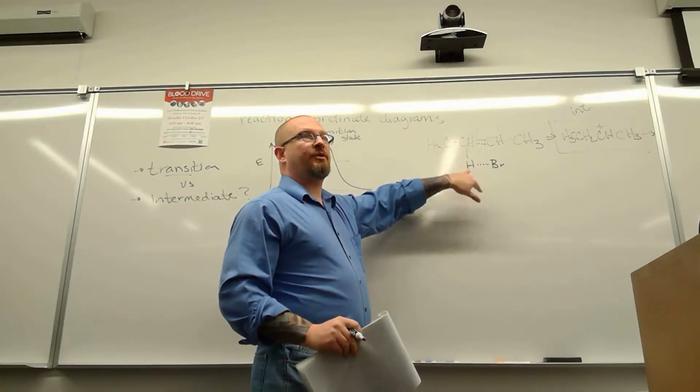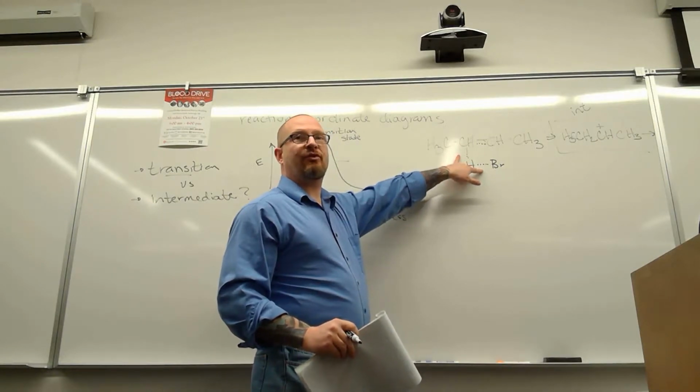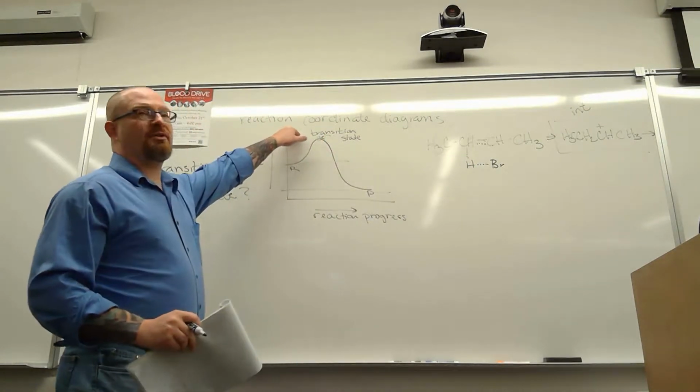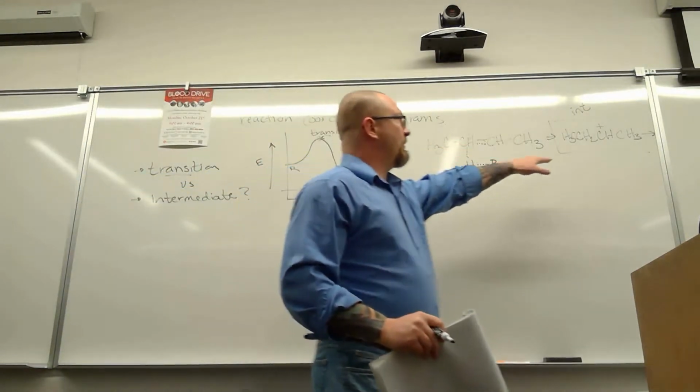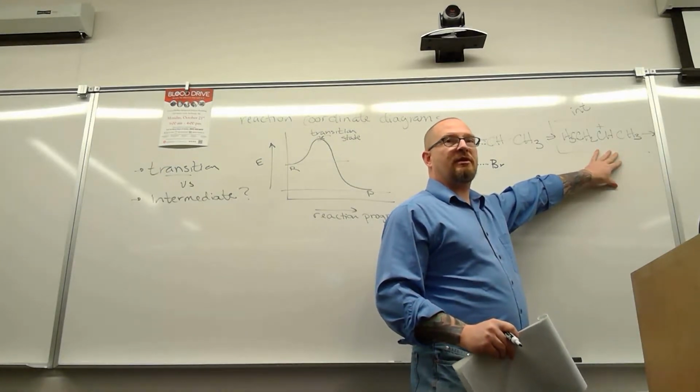You can see that because we don't have actual bonds formed or broken, they're in elongated states, they're not full bonds, and that's why we're going to have this higher energy transition state. Even though this is high energy, we have a carbocation. This is stable enough to be considered an intermediate.